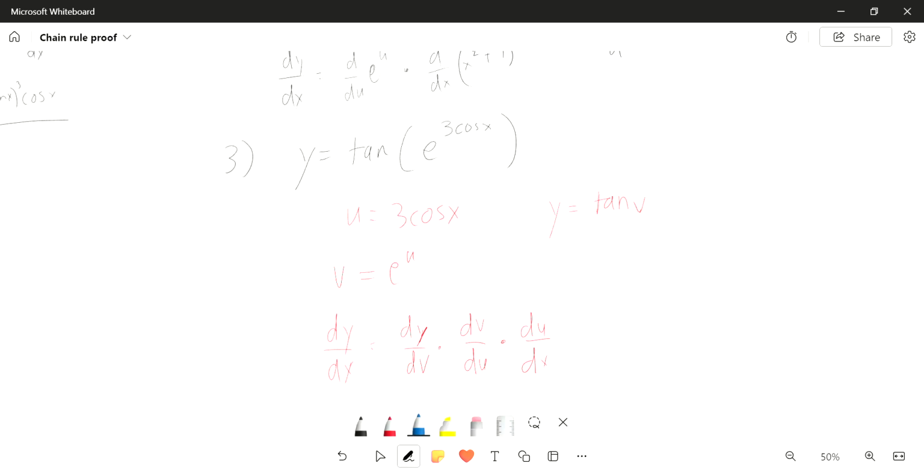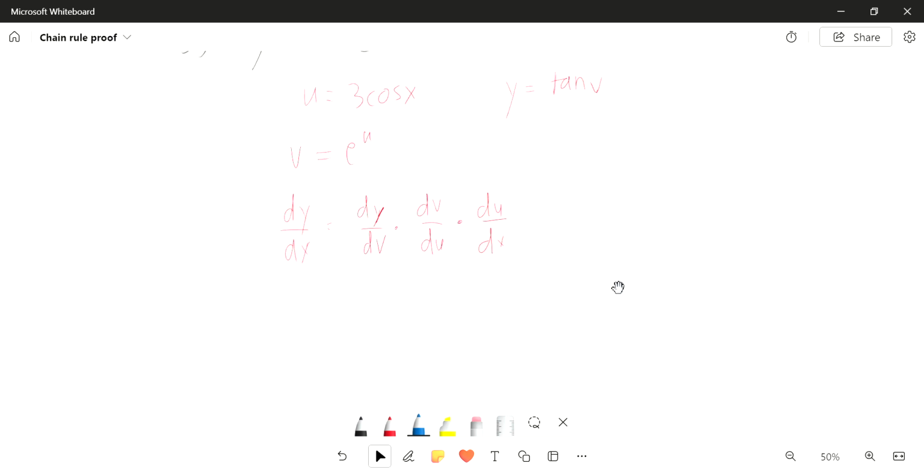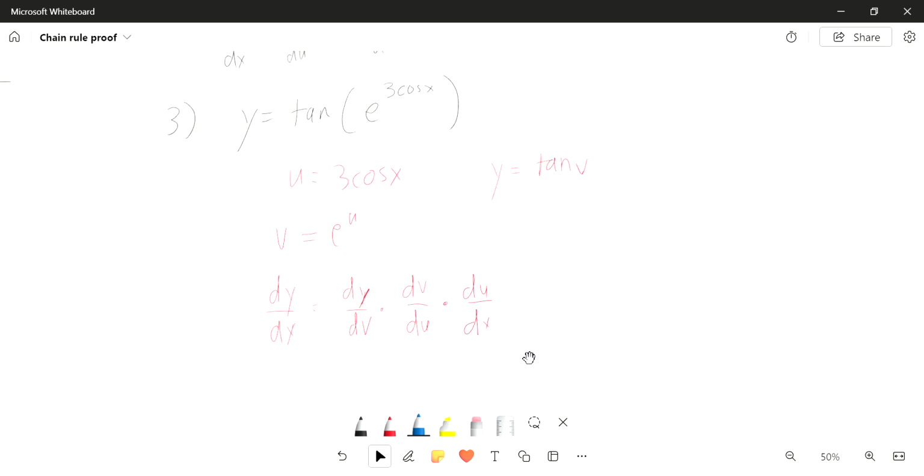So now let's actually get to the derivative part. And now we have our equation set up, so this is now slightly easier. So we have the derivative of tangent v, multiplied by the derivative of e to the power of u, multiplied by the derivative of 3 cosine x.